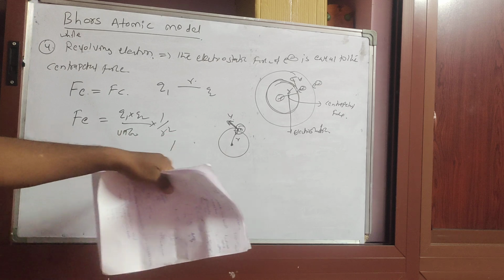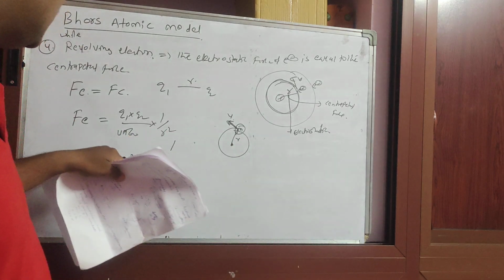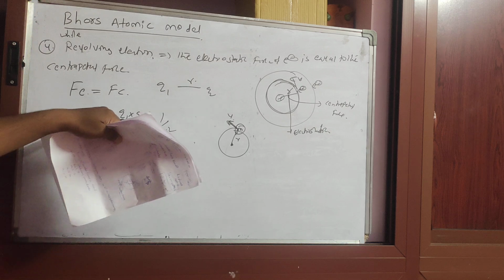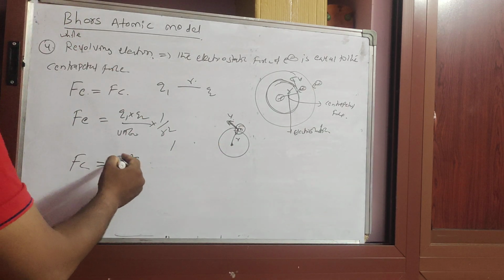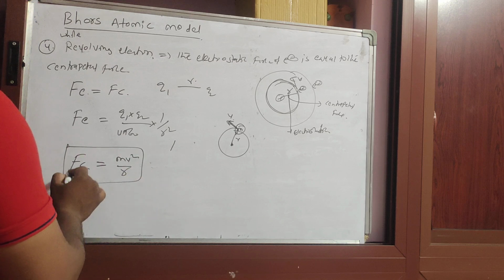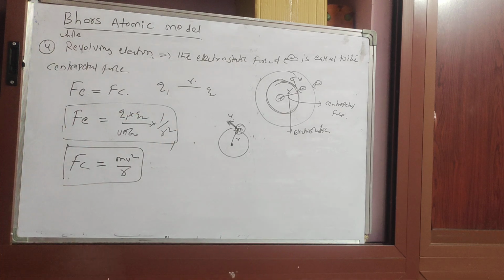This electrostatic force is converted to centripetal force, and only then will the electron stay with the atom. The centripetal force is mv square by r. The electrostatic force is q1 q2 into 1 by 4 pi epsilon naught into 1 by r square.